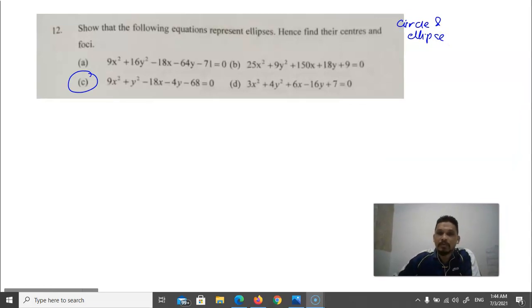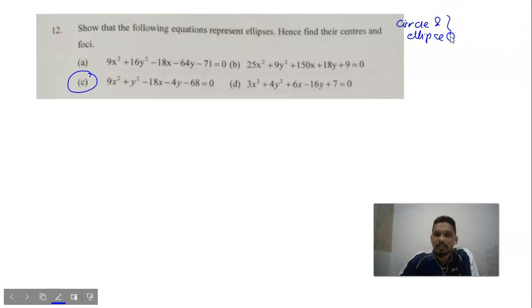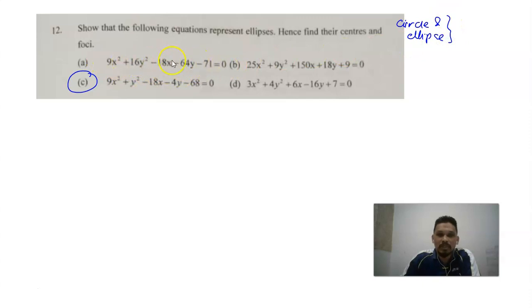Okay, for a circle and an ellipse, in one general equation, both x and y have the highest degree, or power, of 2.